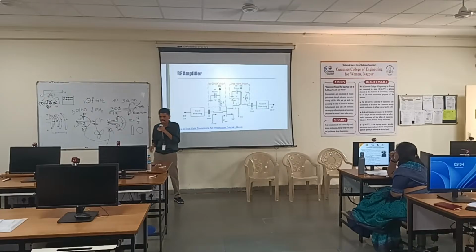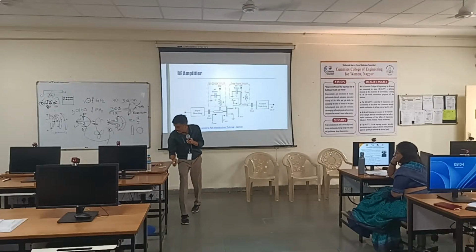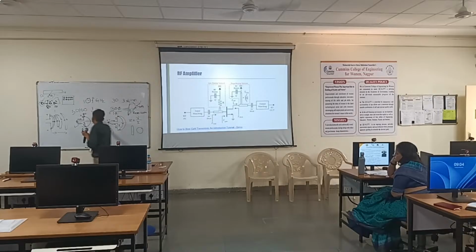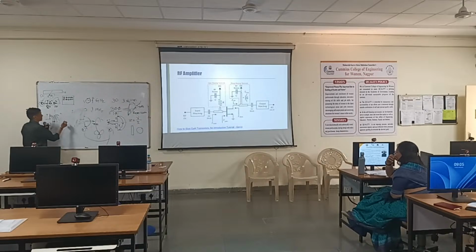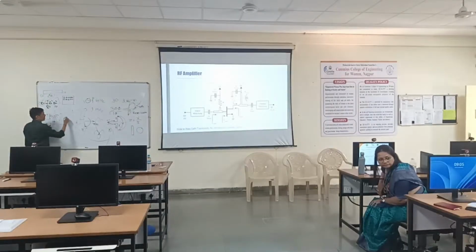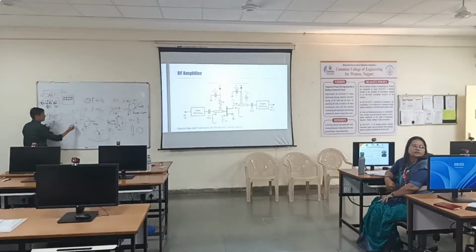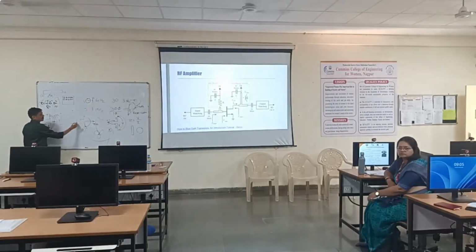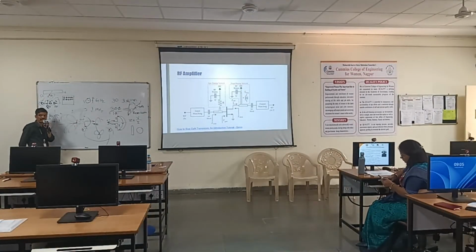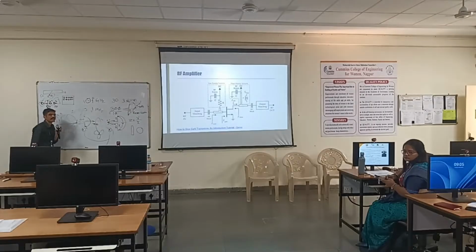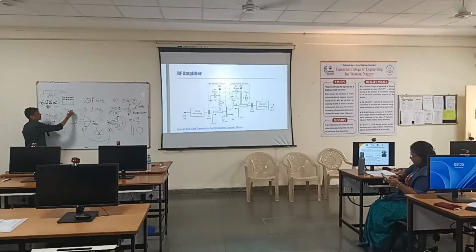If you have a Smith chart, many of you might have used the Smith chart, right? What is the total length of Smith chart in wavelengths? If I start from here, moving like this and coming back to this point, what is the total length? Lambda by 2.